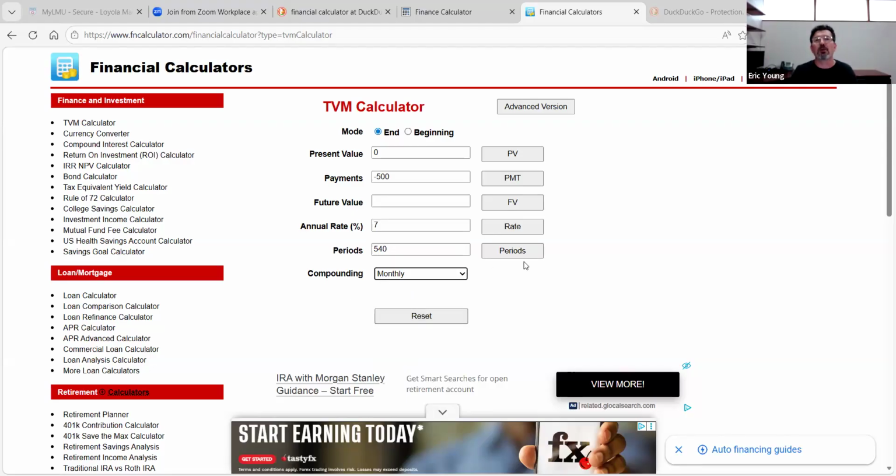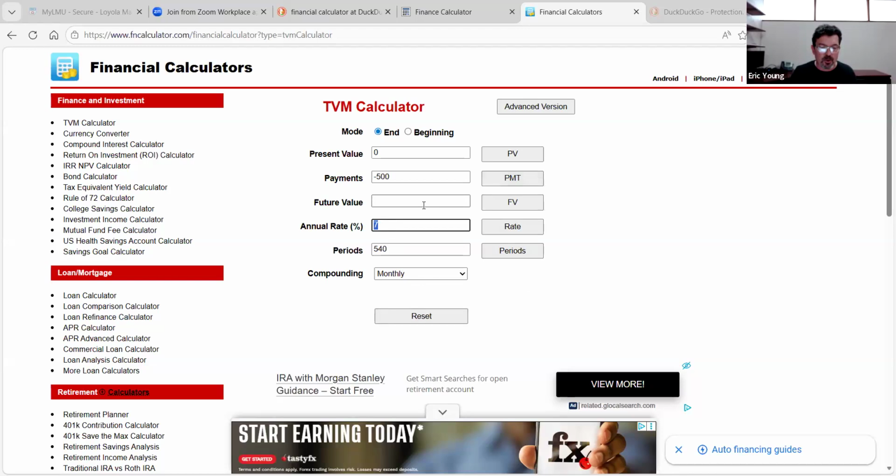And now we're telling the software, hey, we're putting in 500 a month for 540 months. We're going to get 7% per year, but we don't need to do the division because the software says 7% per year and it's monthly, we're set.